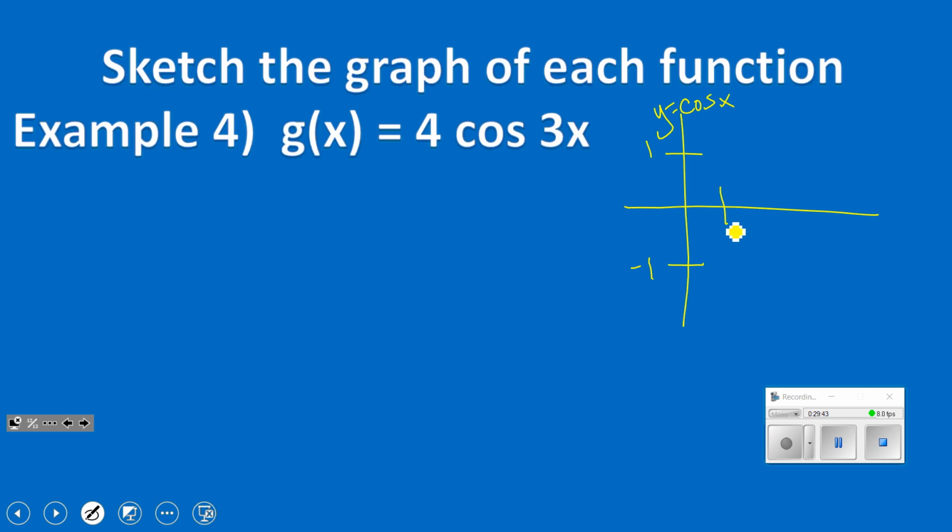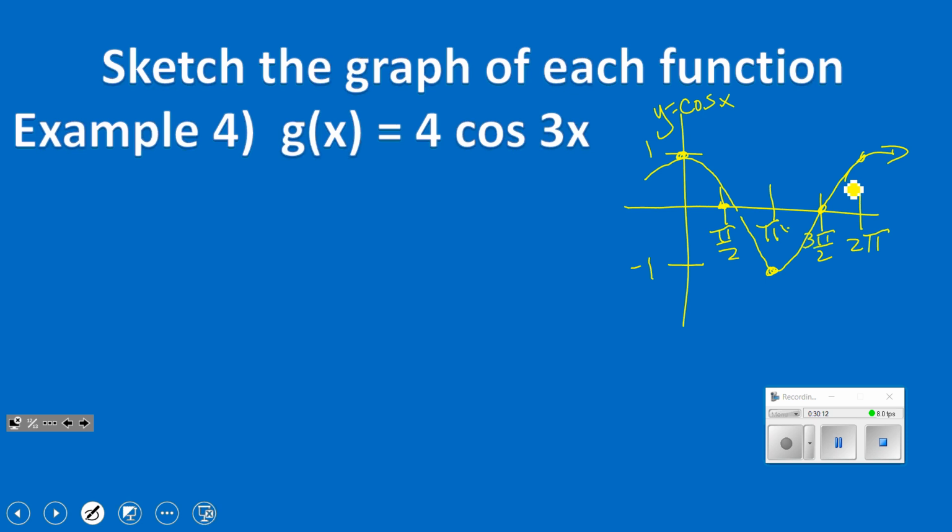And then if I said this was pi and this is 2 pi, so this is pi over 2 and this is 3 pi over 2, we know it's going to look like this. So it's going to go here to here, to here, to here, and back up. And if I curved it, it's going to look like this.